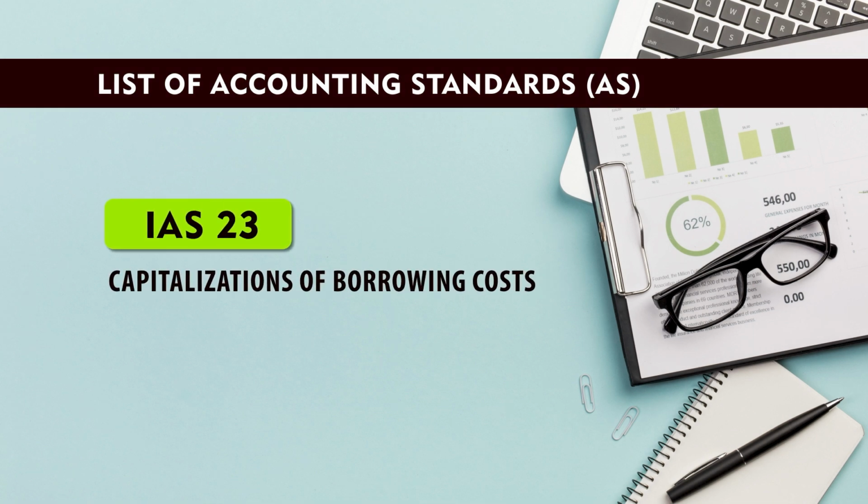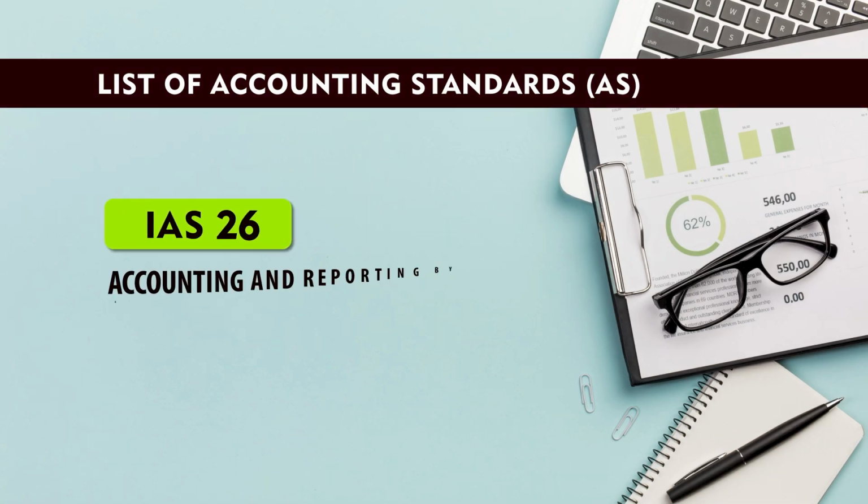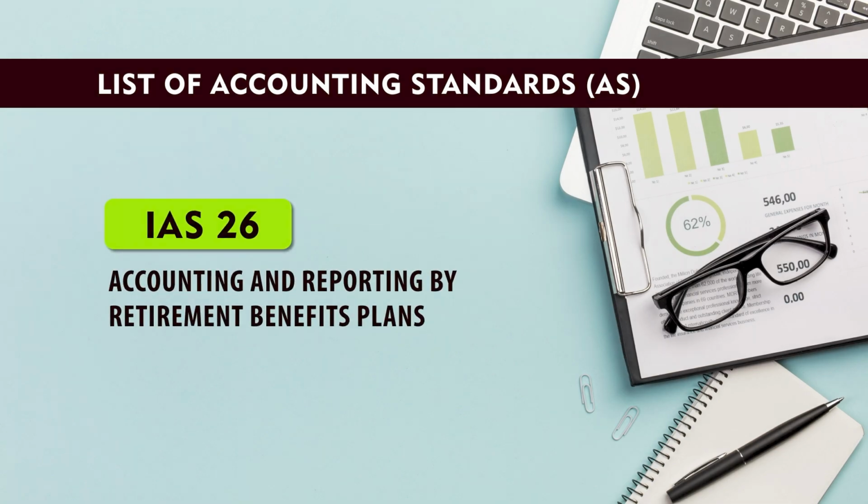Then IAS 23. So IAS 23 stands for capitalization of borrowing costs. Then the next one is IAS 24. So IAS 24 stands for disclosure of related party transactions. Then the next one is IAS 26.